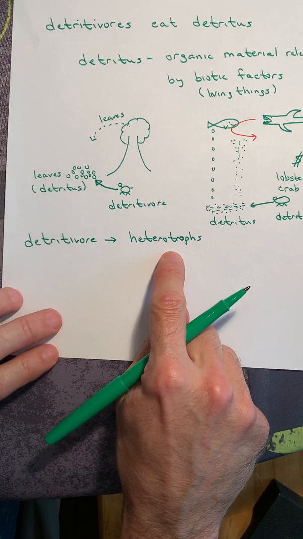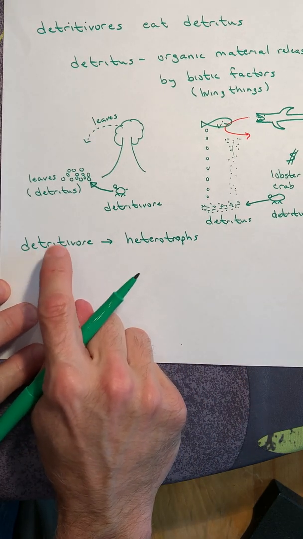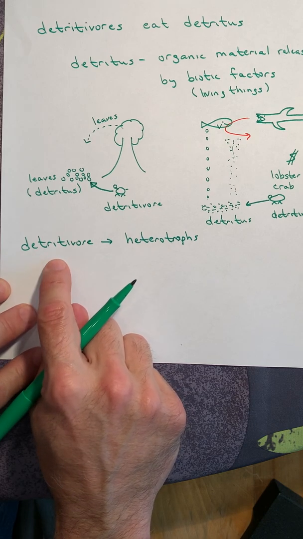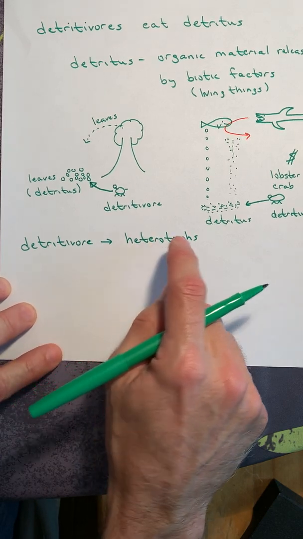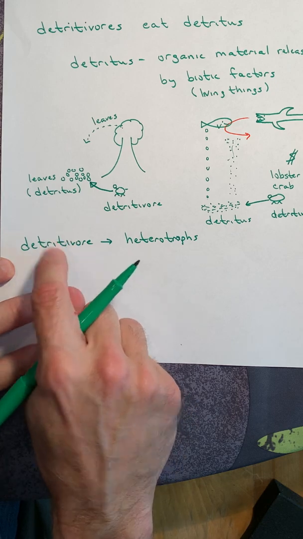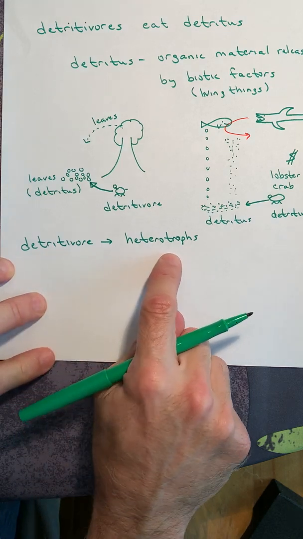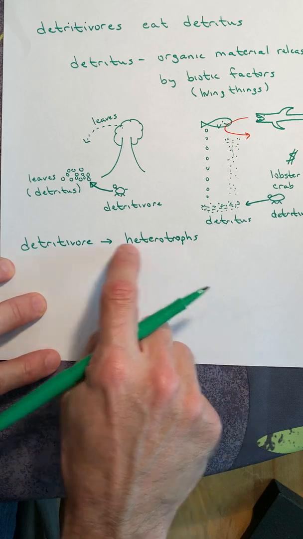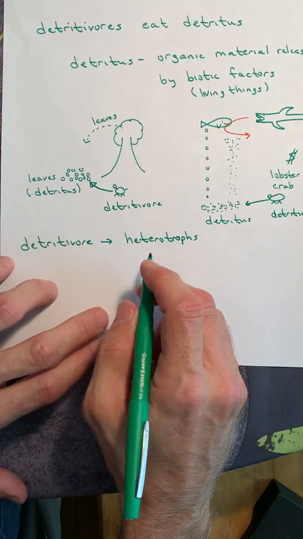Detritivores are heterotrophs, that's what I want to say, but not all heterotrophs are detritivores. For instance, lobster and crabs are detritivores, therefore they are heterotrophs. But you and I are heterotrophs, but we are definitely not detritivores. And if you guys do eat detritus, I don't want to know about it, okay?